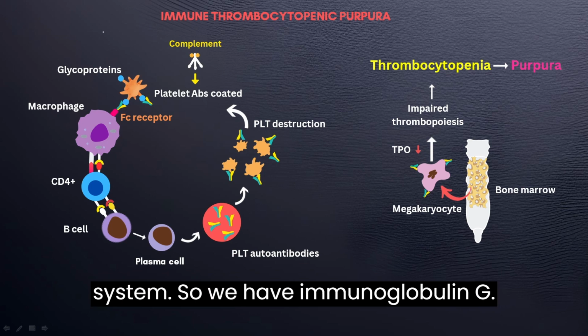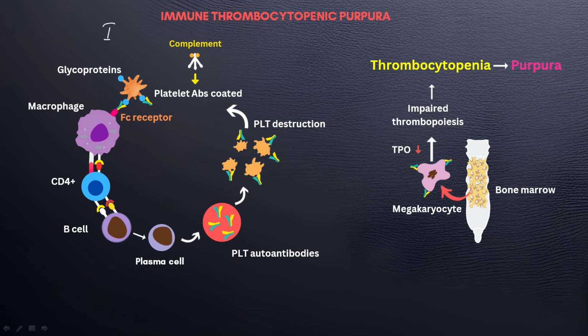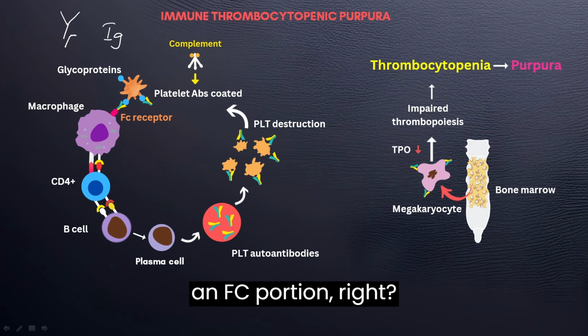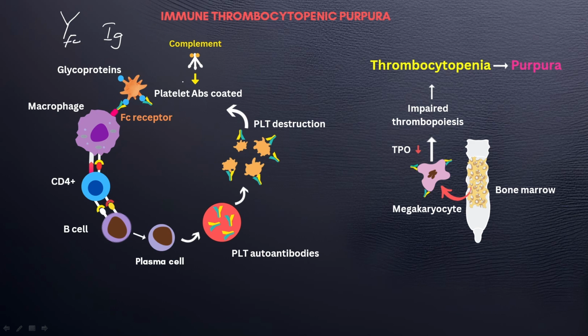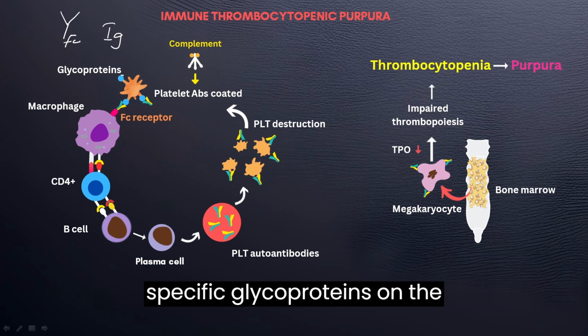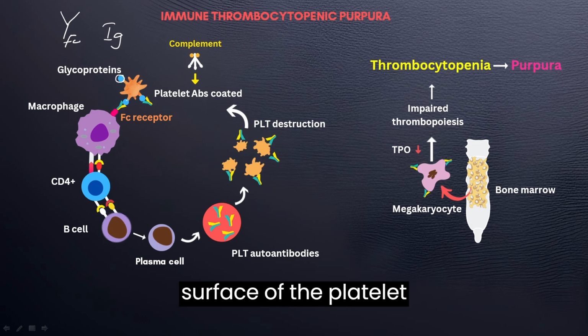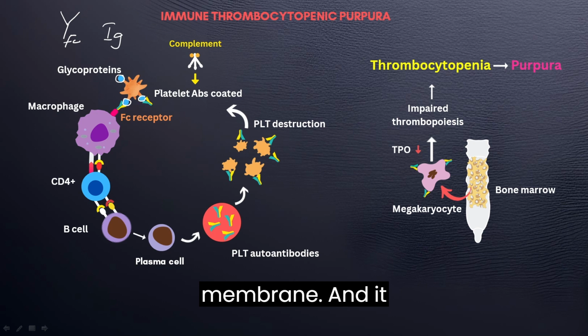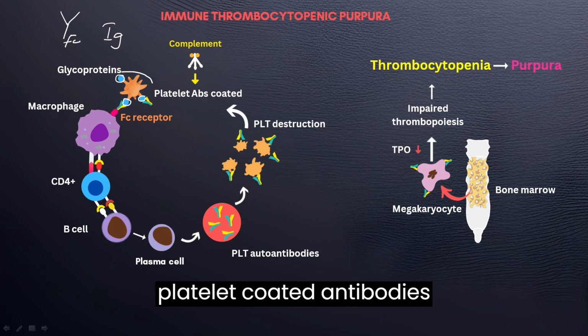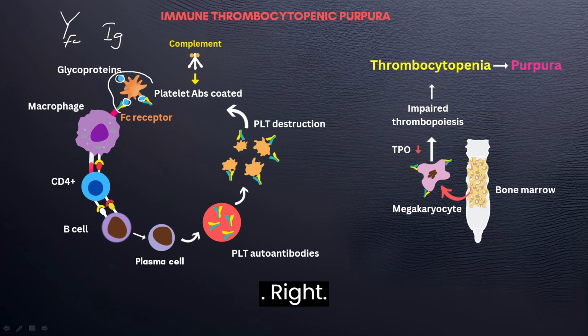So we have immunoglobulin G, and if you recall, immunoglobulin G has an Fc portion, right? Immunoglobulin G binds to specific glycoproteins on the surface of the platelet membrane, and it forms something we call platelet-coated antibodies, right?